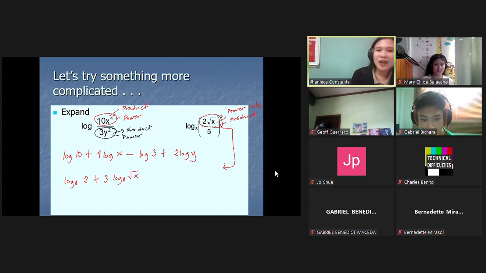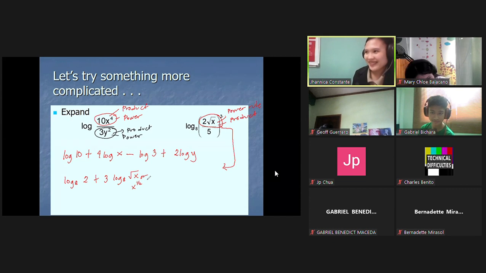If you want to remove the square root, you can use the exponent of your square root, which is 1/2, x to the 1/2. That's equivalent to square root. If you don't want to use the square root, it's the same. Or you can write it as x raised to 1/2. Okay? That's the same with the square root of x.